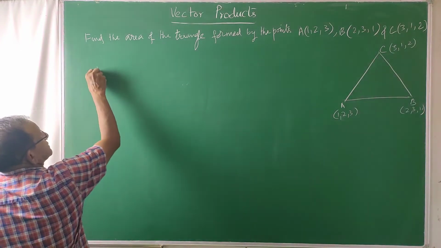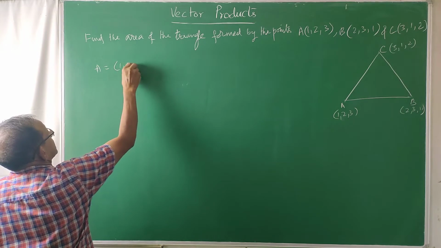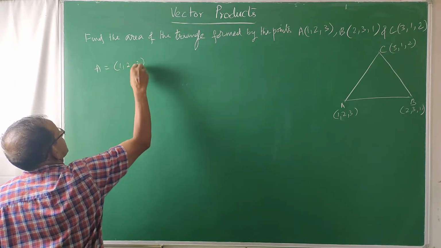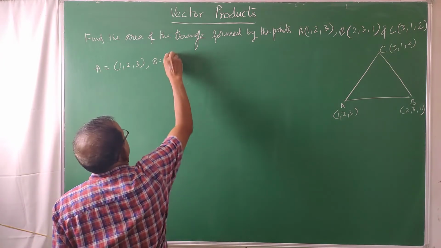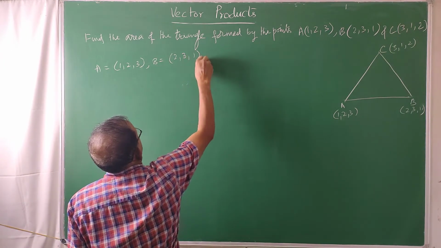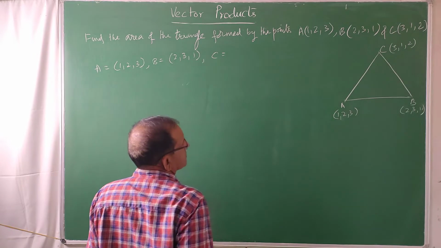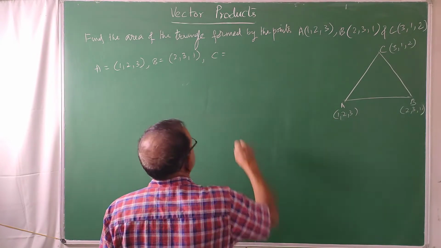So A is equal to (1, 2, 3), B is equal to (2, 3, 1), and C is equal to (3, 1, 2).